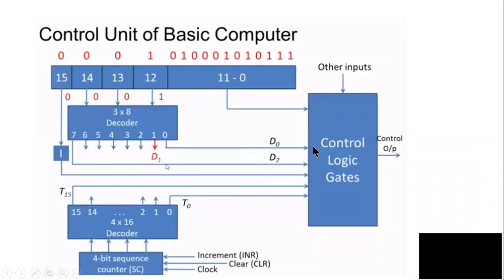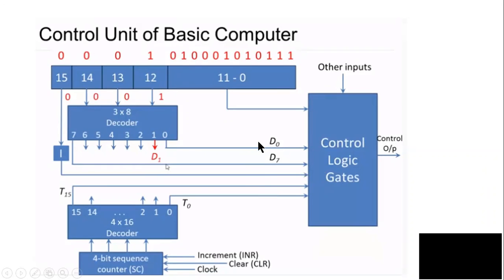Based on D1, the control logic of the computer will decide which instruction it is. That means as it is D1, it will say that at this time the add instruction is to be performed. But again the question arises, whether the add instruction is direct or indirect. Whether the operand provided here is direct or indirect is decided based on the 15th bit. So let's say we provide it to be 0.